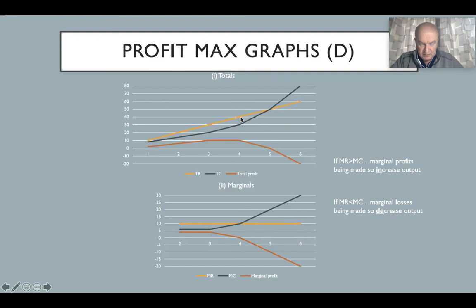The gap between the two is at its highest point. That demonstrates that we must have calculated that correctly, because up until marginal revenue equals marginal cost, we as a profit maximizer would carry on producing.